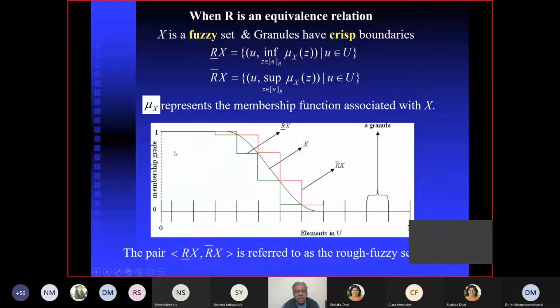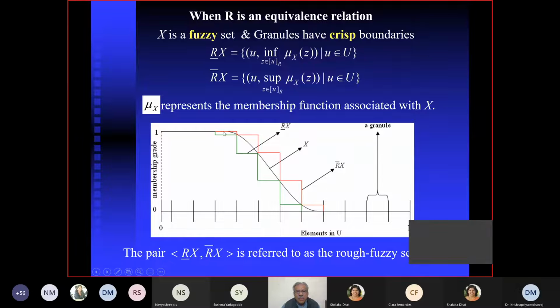Now your next level you come. The set is fuzzy, characterized by a membership function, and granules are crisp. You see that these three granules definitely belong to the set. Now consider this granule. Here there are membership values.